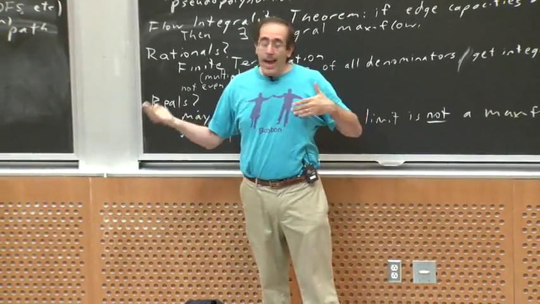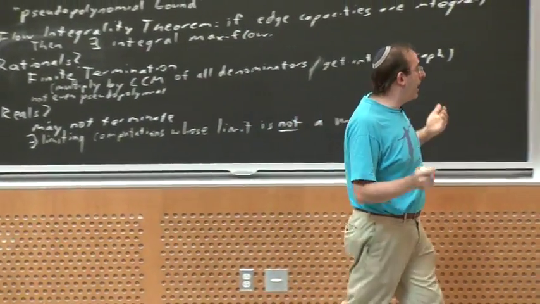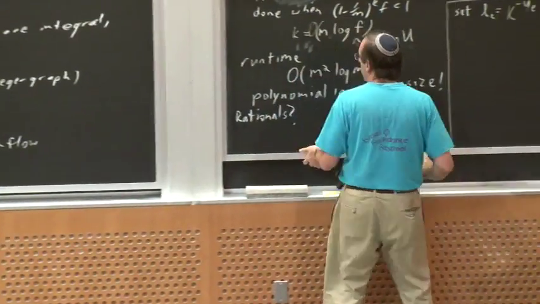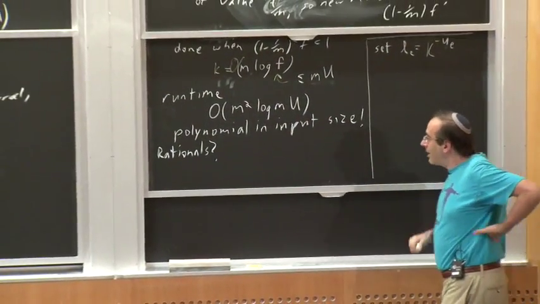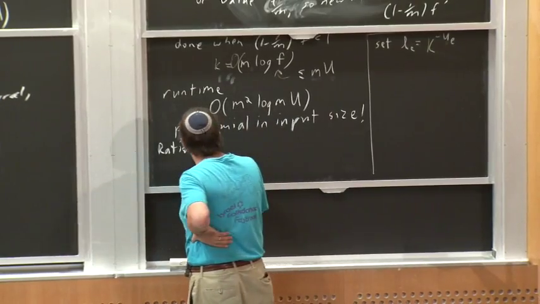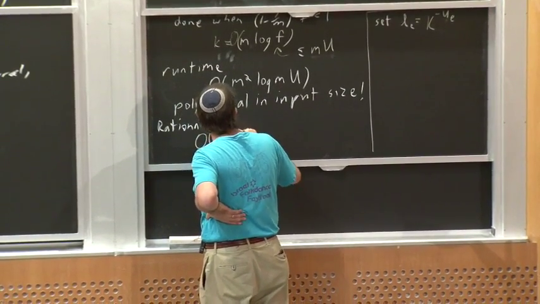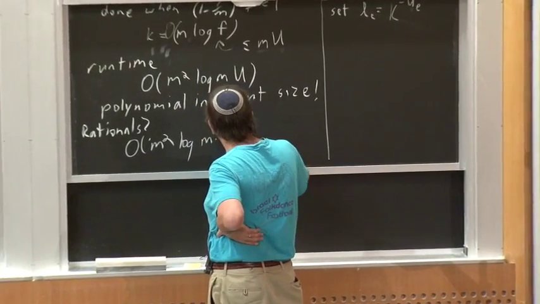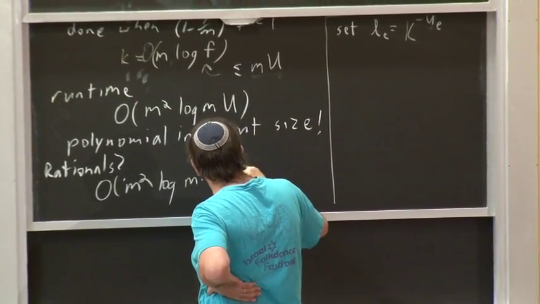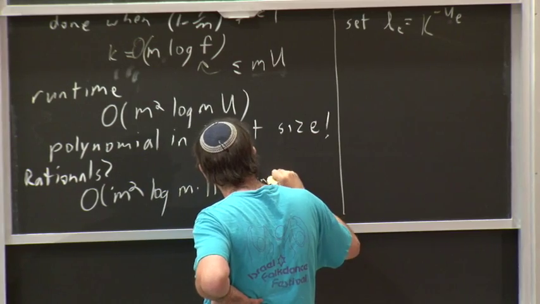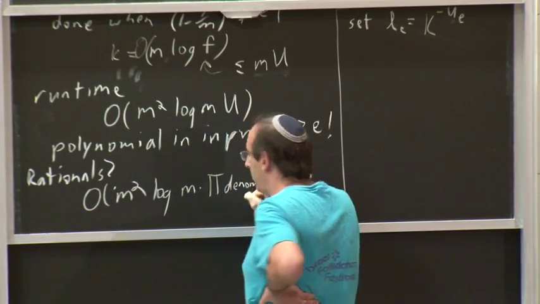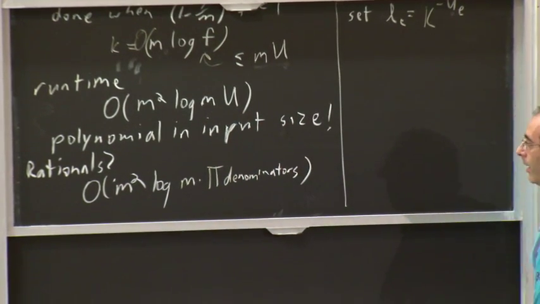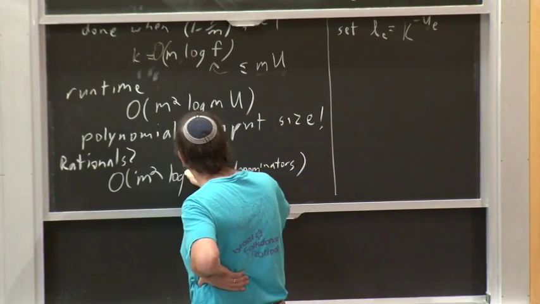Right? But now our integer bound applies, right? But it applies actually in a really nice way. So now we have order m squared log of m times the product of all the denominators. Right? I guess times u.